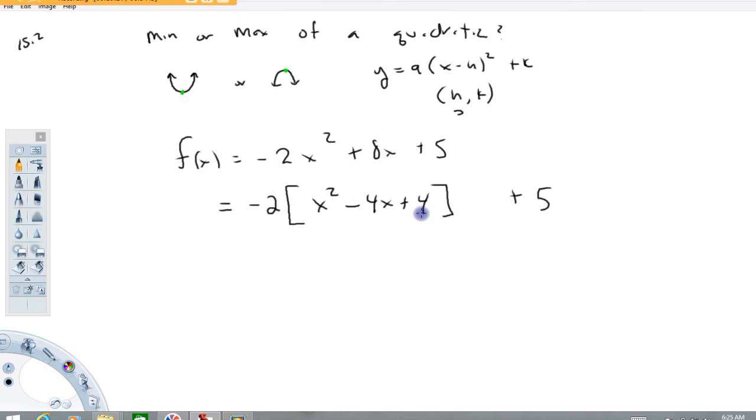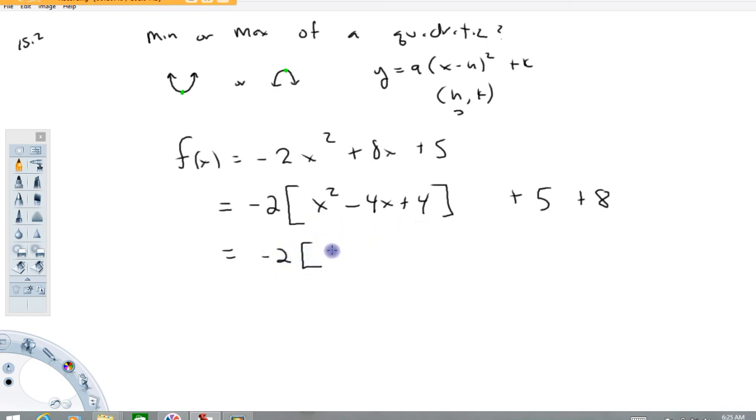Now, being a little cautious here, it looks like I added a 4, but I didn't. There's a -2 in front of this, so by the time we do this product, that's going to be -8. So out here, let's put a +8 to counterbalance that, so to speak.